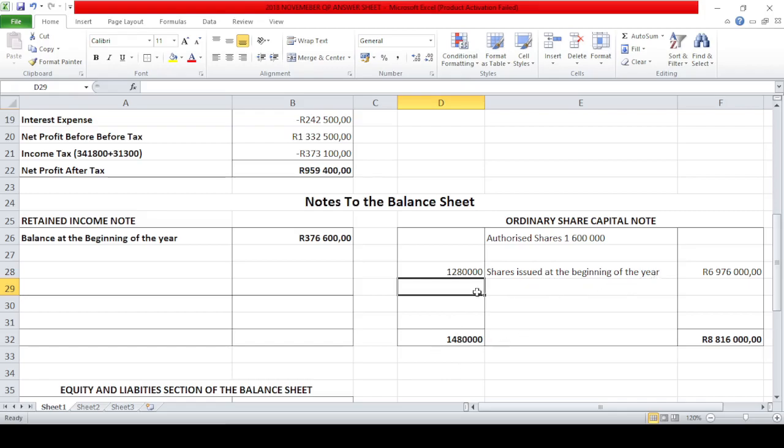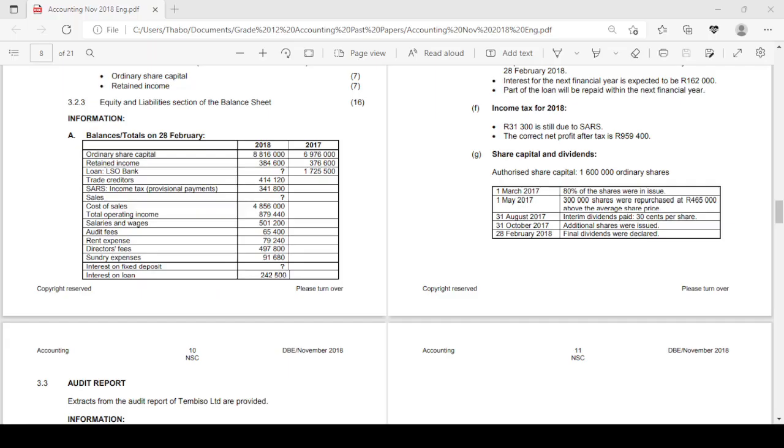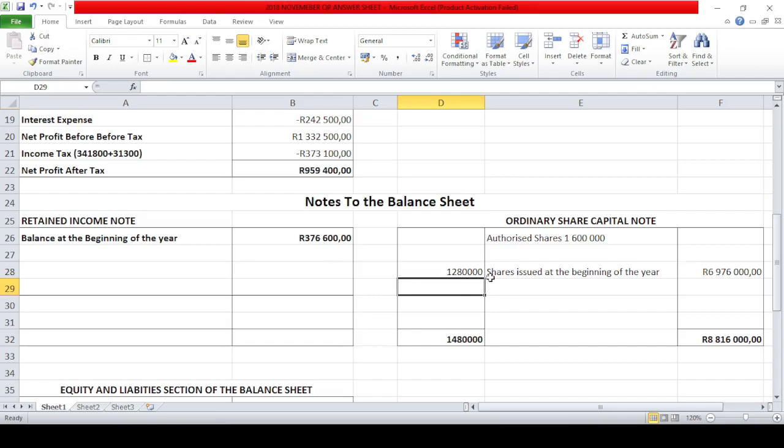At this date, the only shares that we had is the 1,280,000 shares, and we had 6,976,000 rands for these shares. So we are going to use this information to calculate our average price, because the shares were repurchased after this information.